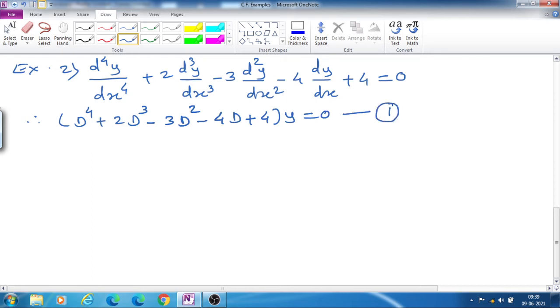This is our given equation, and we have to only find here the complementary function since at the RHS there is 0.